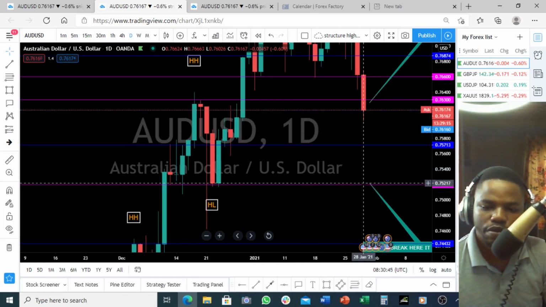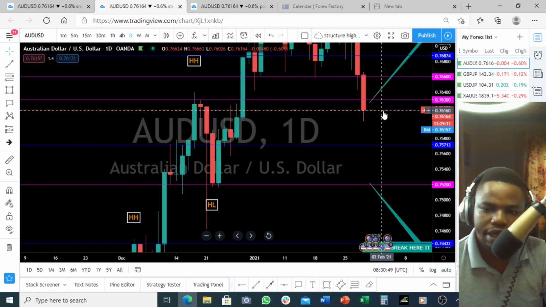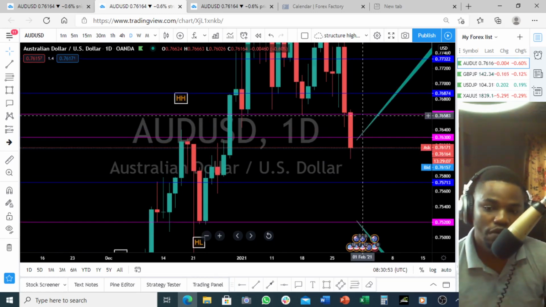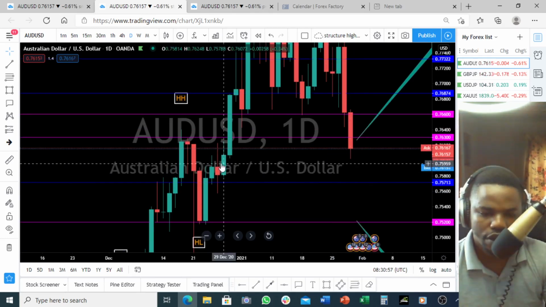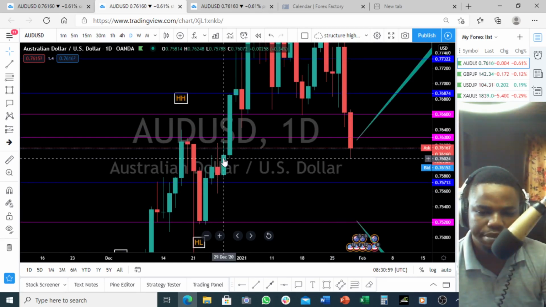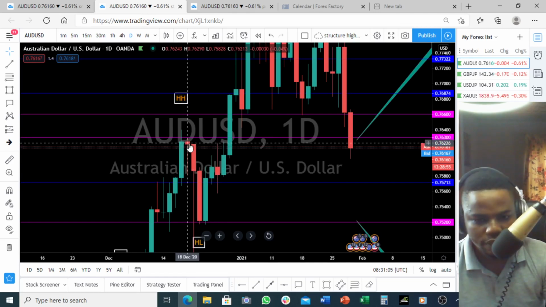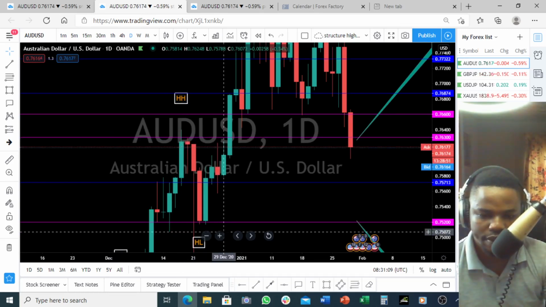We want the price to bounce either here or reject this area, even here or here. That is confluence. We want many things telling us one thing. We cannot see price rejecting here and say this is a rejected area, then we are going down. No, this was a rejected area because it was marked as a resistance, and that is the reason why we went down.